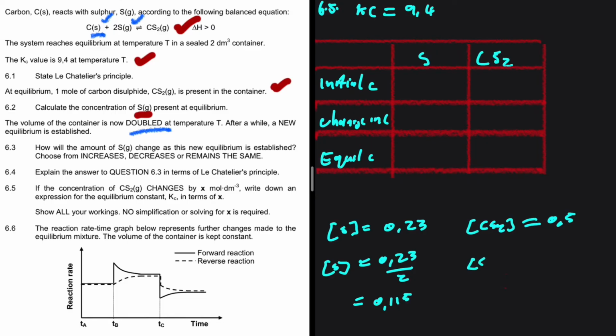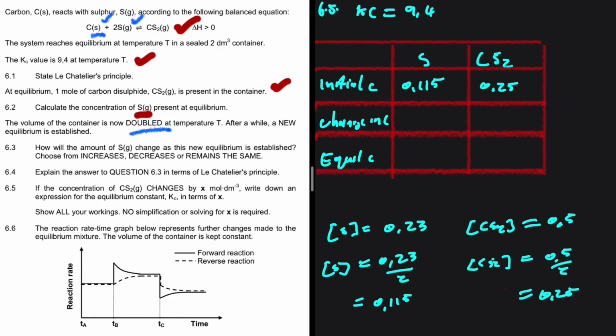On the other hand, the concentration of CS2 is 0.5 divided by 2, which will give us 0.25. This is because the volume is being doubled, so the concentration is being halved. So the initial concentration of sulfur is 0.115, while the initial concentration of CS2 is 0.25.